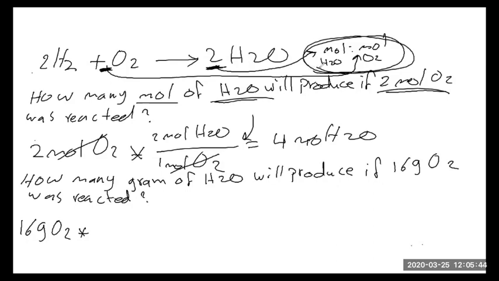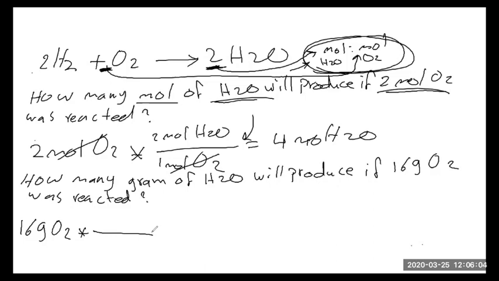So you start with the 16 gram O2. What are you going to do with it? We need to reach the mole to mole ratio, so that means we need to convert the gram of O2 to mole. How will you convert 16 gram O2 to mole?